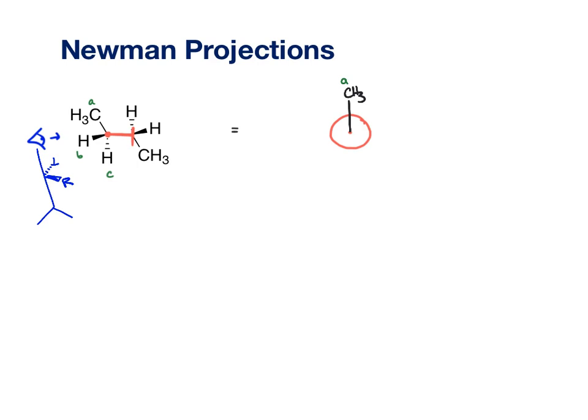So proton C is back, that'll be on the left, proton B is out, that will be on the right. And we draw those coming off of the front carbon like this. So again, we found that B is on the right, C is on the left.